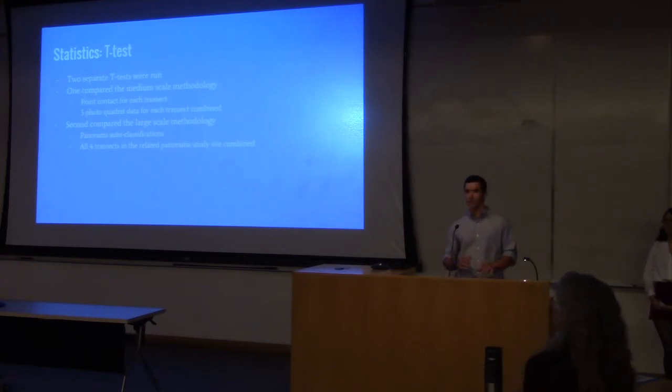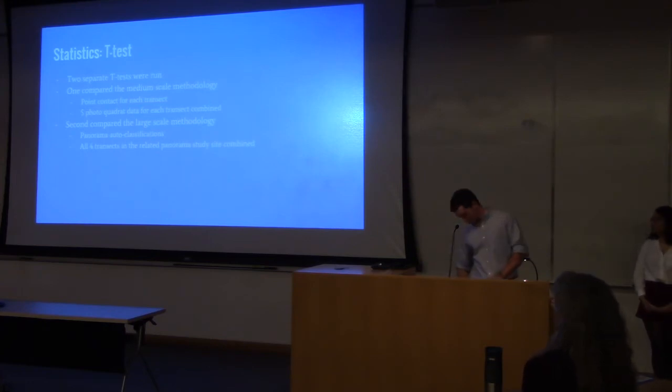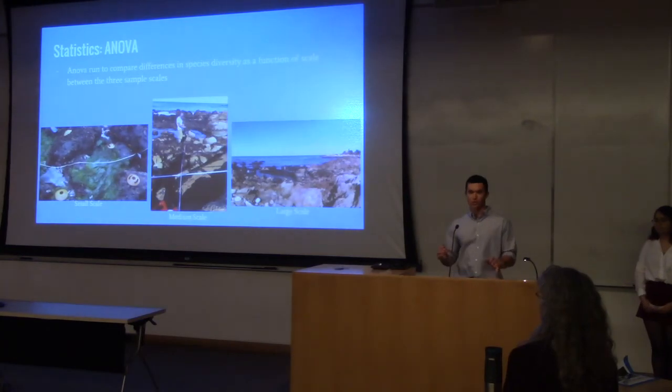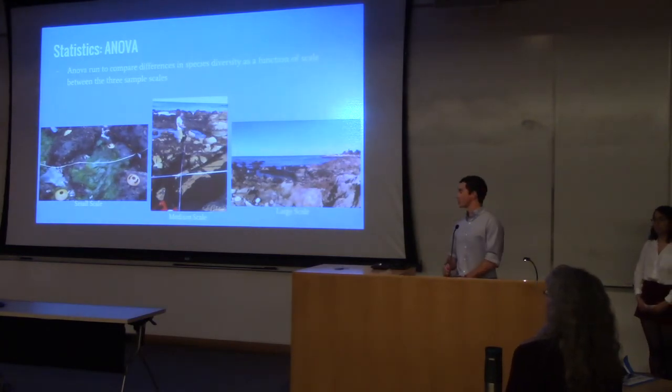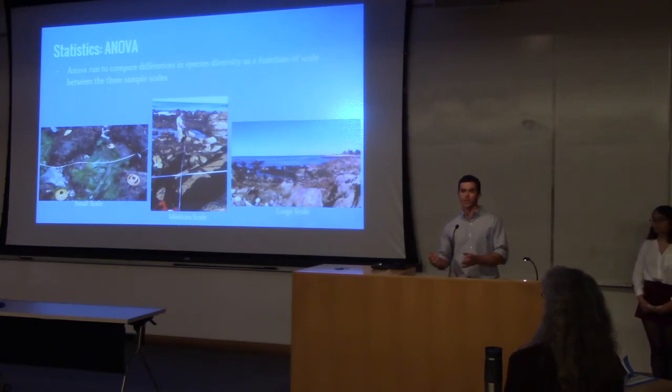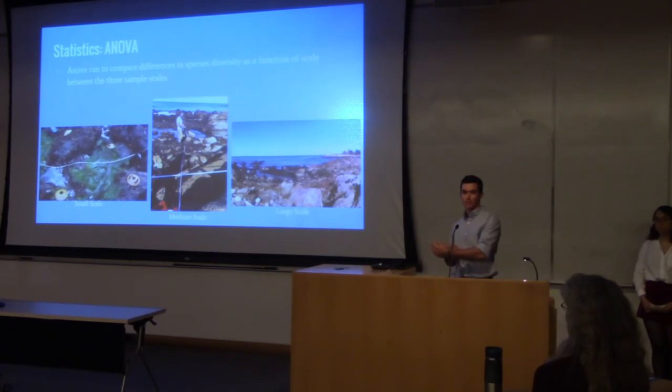And then the second t-test compared the large scale sampling scales, which was the auto-classified panoramas compared to all four photo transects in a site put together. We also ran an ANOVA test to compare all 3 sampling scales to see the difference of species diversity between the 3 scales.